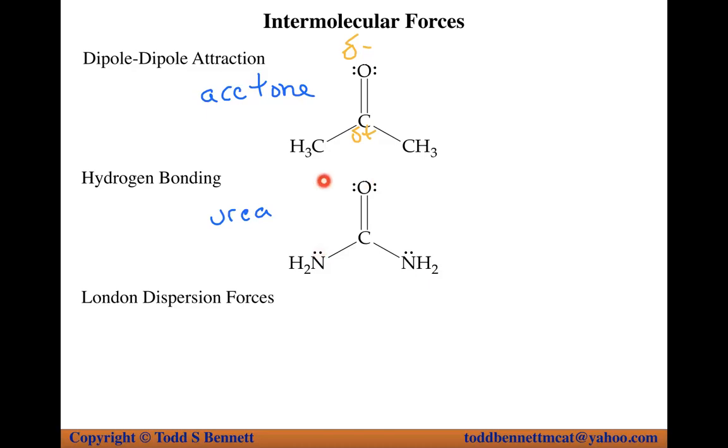So where this will pop up in your future, sorry for the spoiler alert here, is that our proteins are held together by a significant number of hydrogen bonds, the so-called backbone of the DNA or the protein strand, sometimes side chain. But if you add urea to a protein, rather than hydrogen bonding with itself, it would rather hydrogen bond with urea because urea makes much stronger hydrogen bonds.